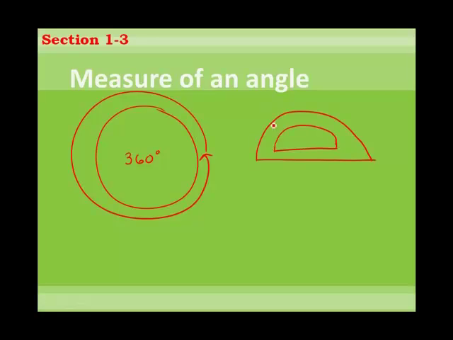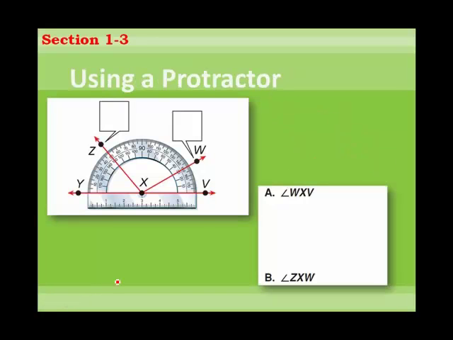So we're measuring the angles in degrees, starting with 0 degrees over here and coming to 180 degrees over here, or vice versa, as opposed to going all the way around the circle. We're going to talk a little bit more about how to measure angles with a protractor in the next couple slides, and we'll practice in class.